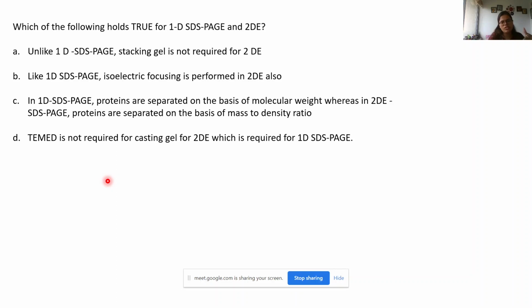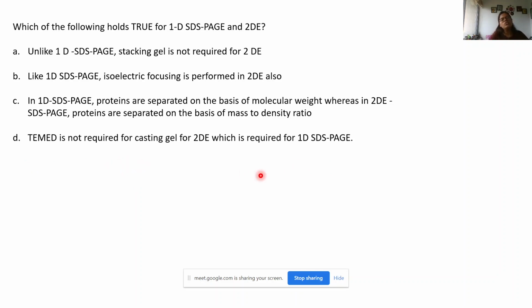In the second dimension, you are separating depending upon its molecular weight. So you will require all the reagents which you were using for one-dimensional SDS-PAGE also. So that is why this is not a correct option. TEMED is not required for casting gel for 2D, which is required for 1D. It is required in 2D as well.